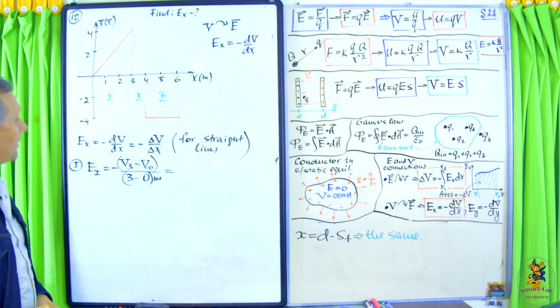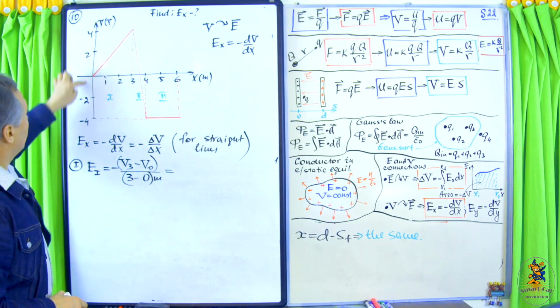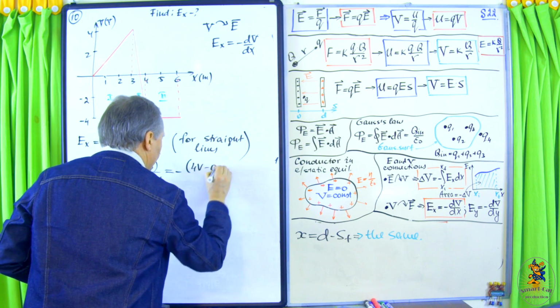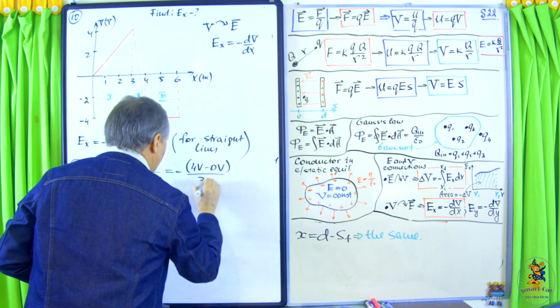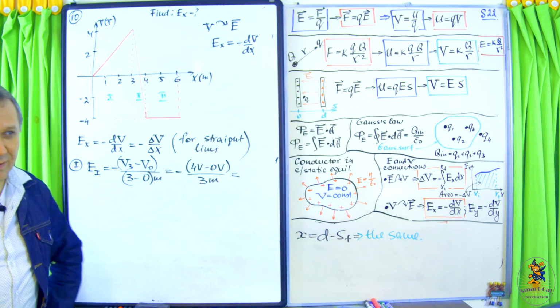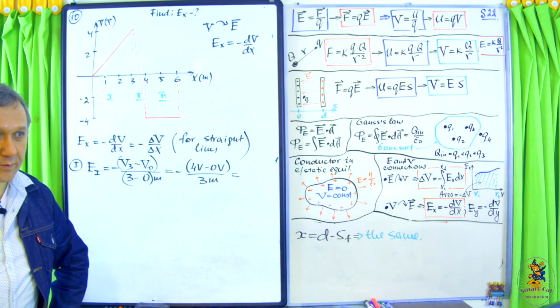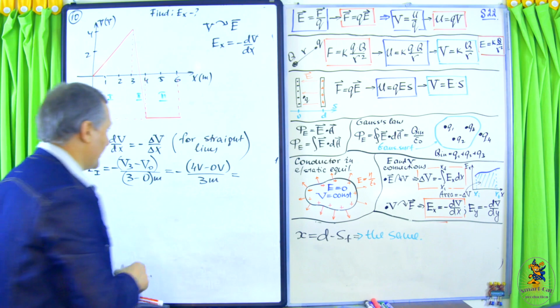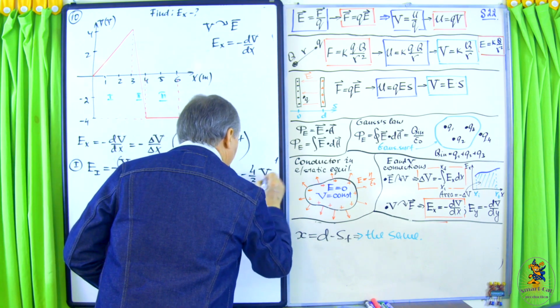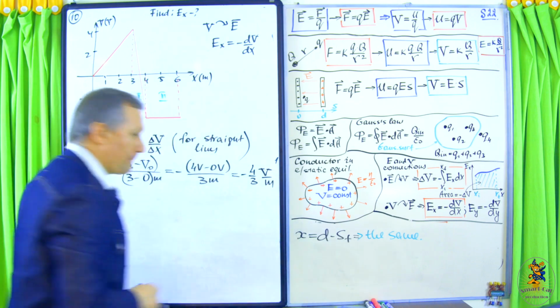Okay, so now let's plug in numbers. 4 volts minus 0, divided by 3 meters. So it will be minus 4/3 volts per meter.